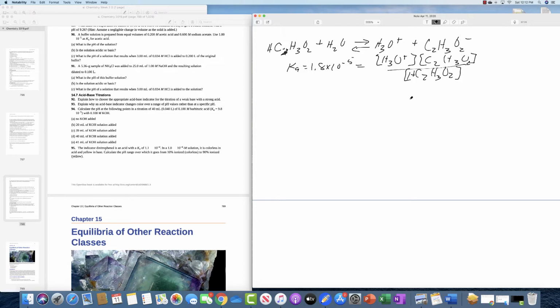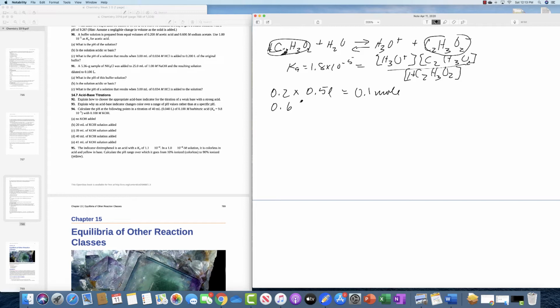So if we assume that we take half a liter of this and half a liter of this, we have the following amounts. If we have a 0.2 molar solution and multiply that by half a liter, we end up with 1/10 of a mole of acetic acid.